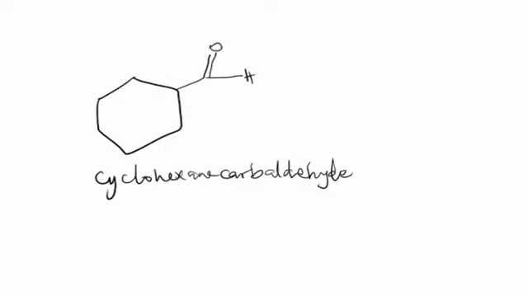Notice that this is a cyclohexane, a cyclic ring of 6 carbons. Now notice that I have my aldehyde functional group here, so it is simply named as carbaldehyde.